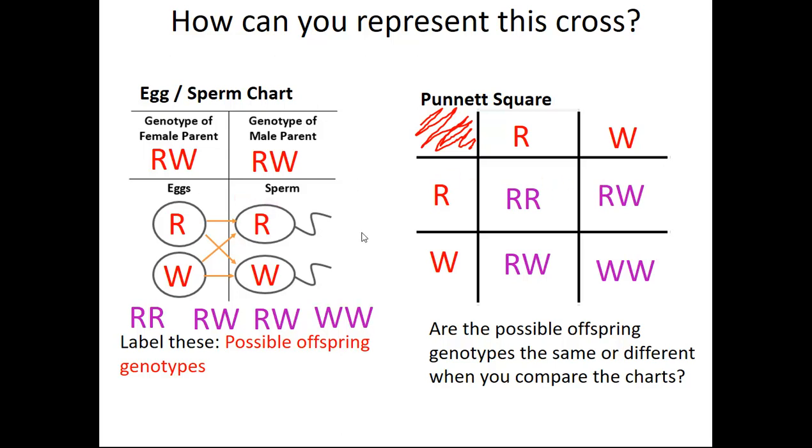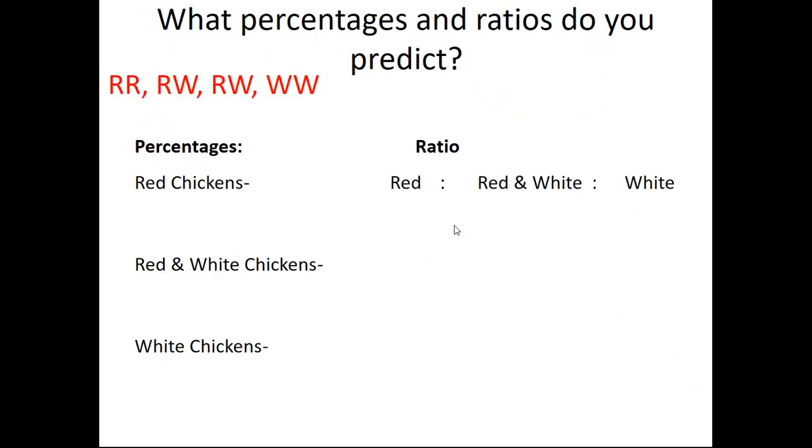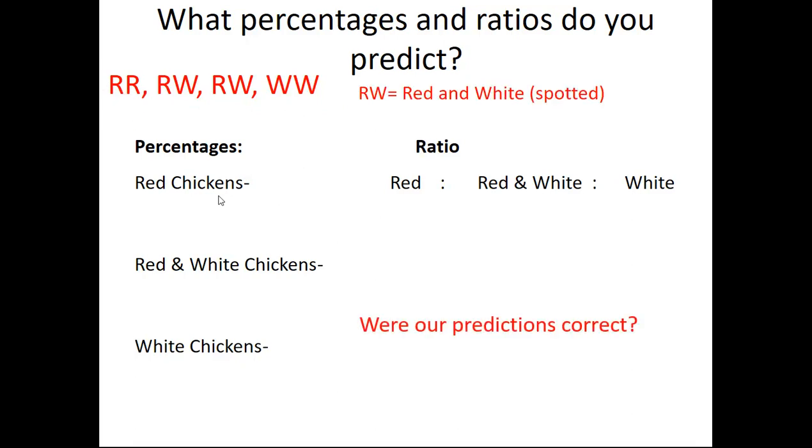All right, well, what does that look like when we start to talk about ratios and percentages? Well, if we talked about percentages, out of the 4 combinations, only one of them was red, RR. So that is 25%. 2 of the 4 were red and white. So that's 50%.